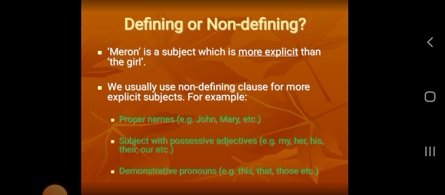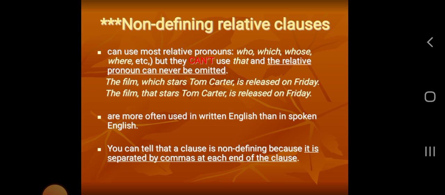We usually use non-defining relative clauses for an explicit subject. For example, a proper name: John, Mary, etc. A subject with a possessive adjective: my, her, his, their, our, etc. Demonstrative pronouns: this, that, those, etc. A non-defining relative clause can use most relative pronouns, except that: who, which, whose, where, but they can't use that.